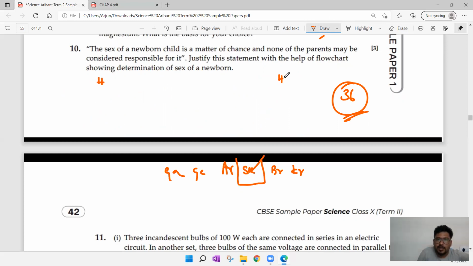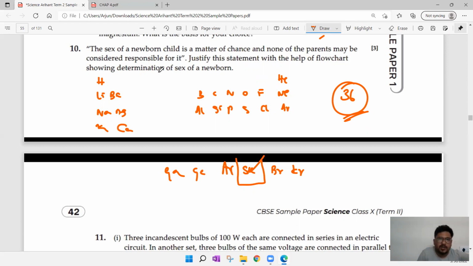Hydrogen, helium, lithium, beryllium, boron, carbon, nitrogen, oxygen, fluorine, neon, sodium, magnesium, aluminum, silicon, phosphorus, sulfur, chlorine, argon, potassium, calcium.